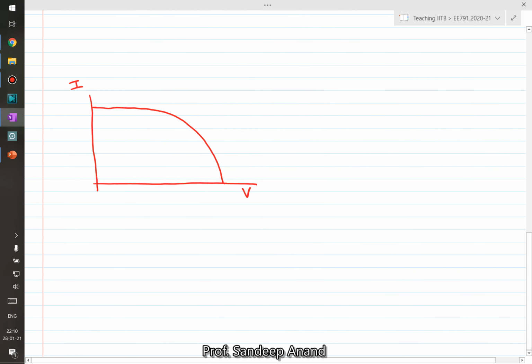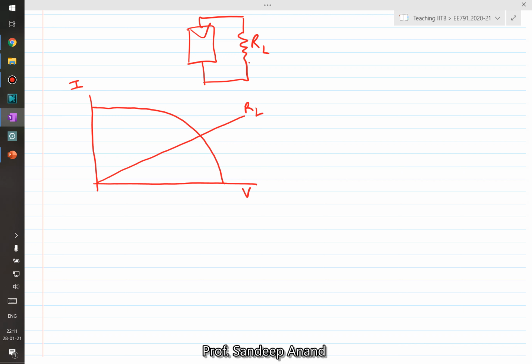This is the characteristics of a panel. Now you want to connect a load resistance RL and extract the maximum possible power from this panel. So let's say this is the load resistance that I am connecting, with value RL. So I have both source characteristics and load characteristics plotted on this common IV curve.